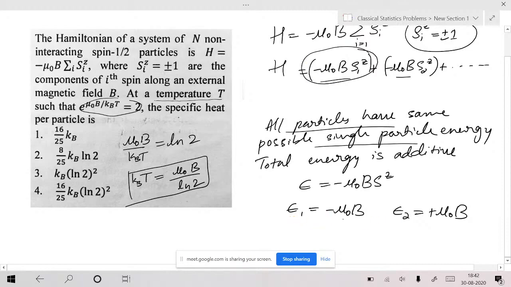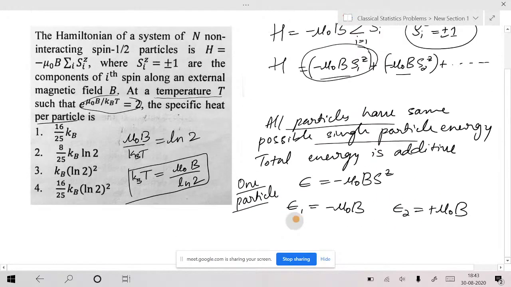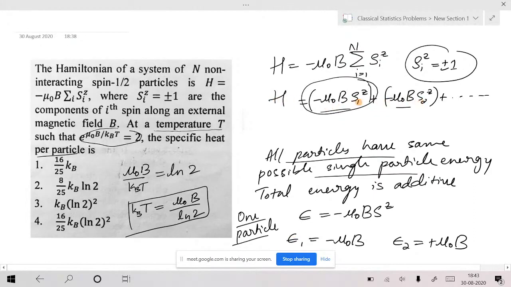Since he is asking per particle, I can concentrate on one particle. So grab the idea here: the total Hamiltonian is written as the interaction term of the individual spin of each atom with the external magnetic field. The total Hamiltonian is additive, that's why energy also becomes additive.